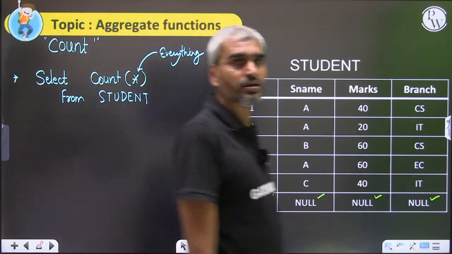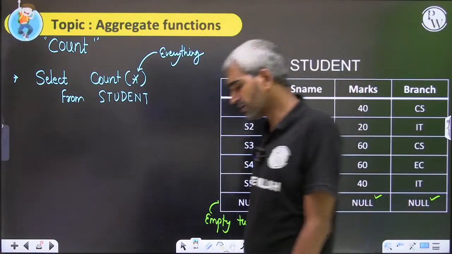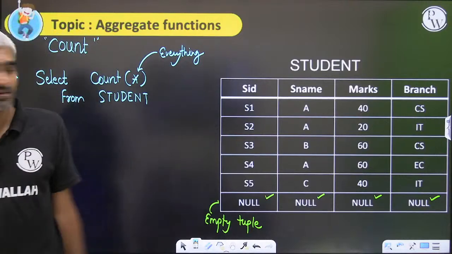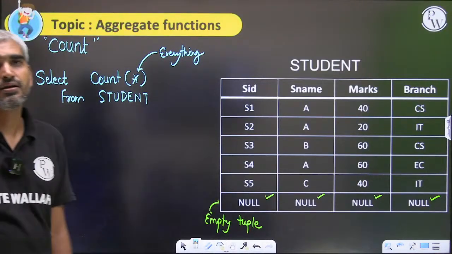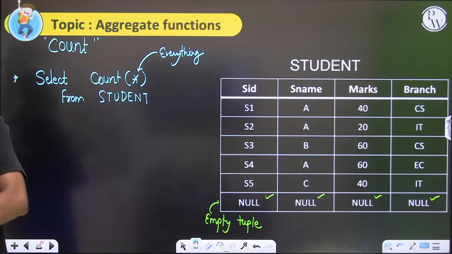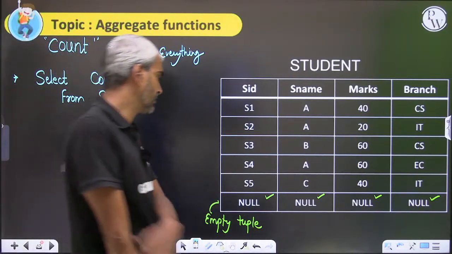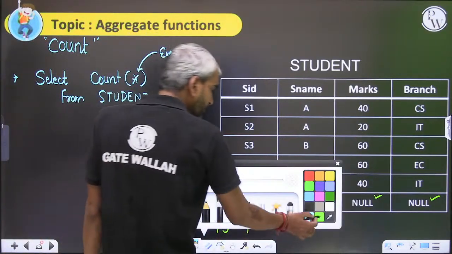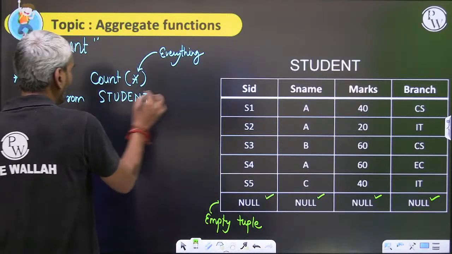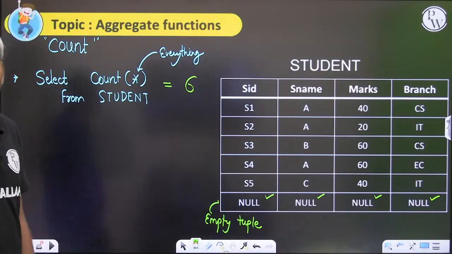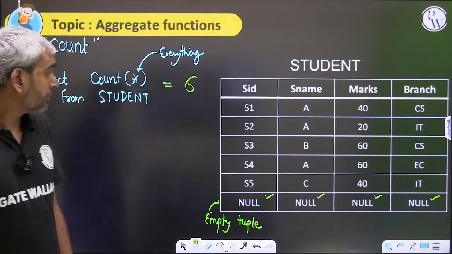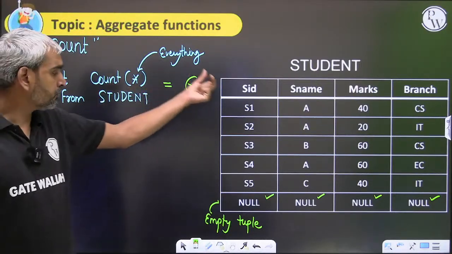It will return the number of rows in the table student, right? But what will be the result? The result will be 5 or 6. Yeah, I know, that's where you are wrong. Please try to understand, the output of this query will be 6. Count asterisk will not look for the individual values.